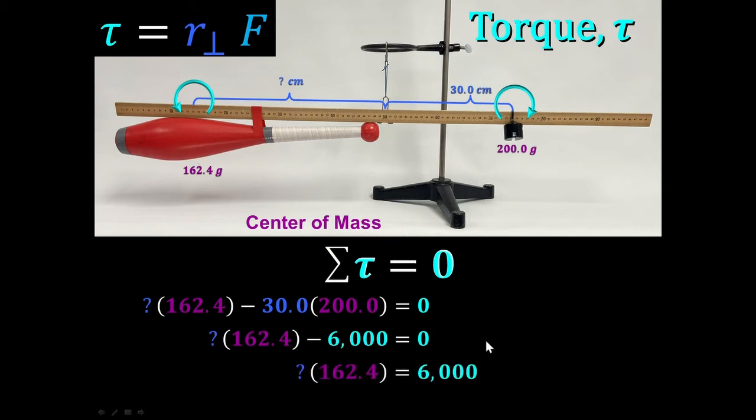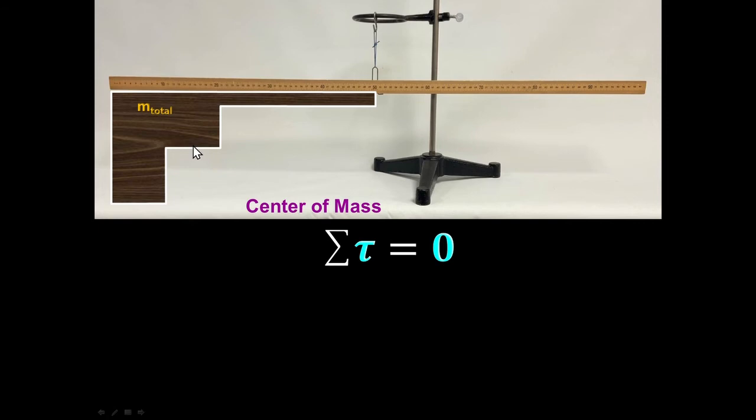This is a negative. I'm going to bring it over this side, and then I'm going to divide both sides by 162.4, and I find that 36.9 centimeters from the pivot point should be where that center of mass is. So right there is about where that center of mass is.